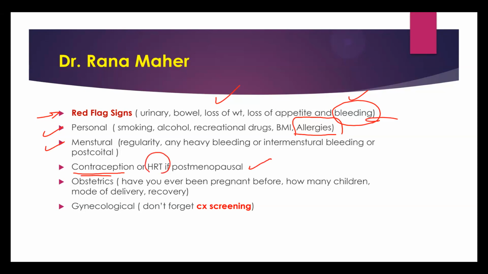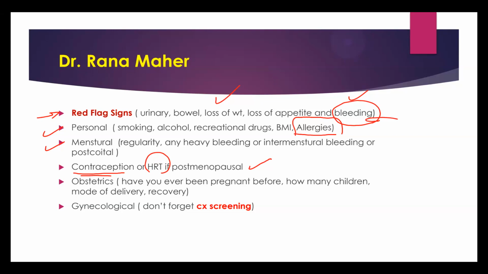And why are we going to ask about HRT and contraception? Because if this patient will go for a surgery, we need to stop this 4 weeks before. It's a safety point here as well. So it's very important to ask about the HRT or any hormonal treatment, either contraception or HRT.